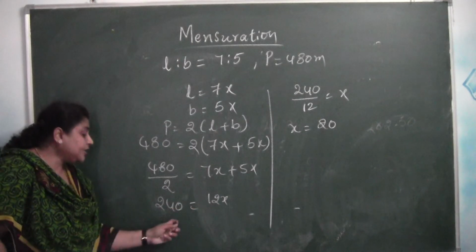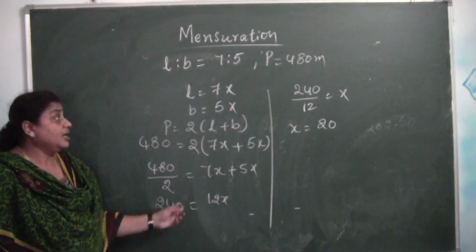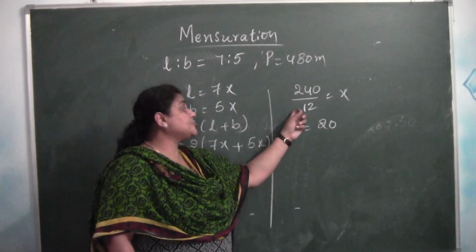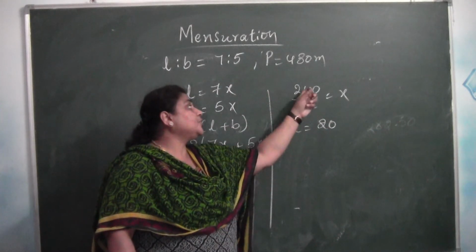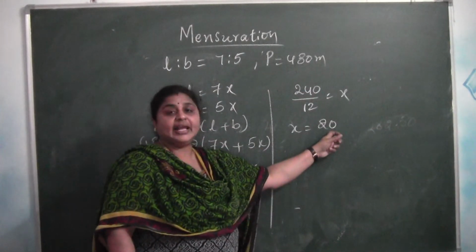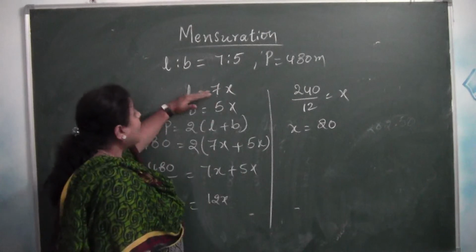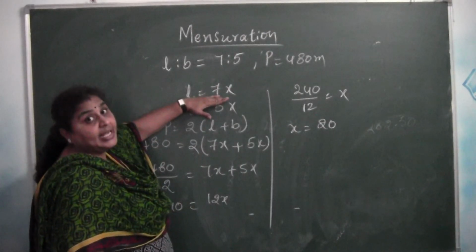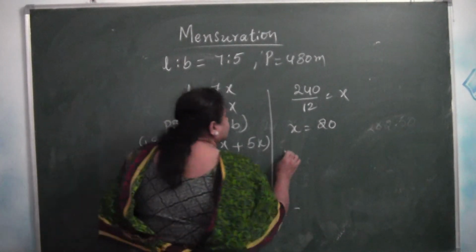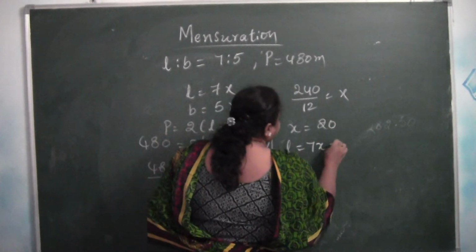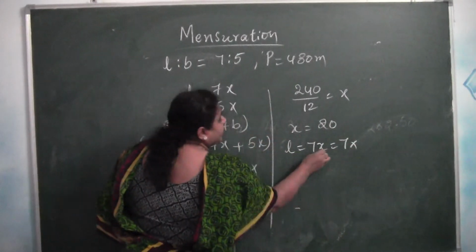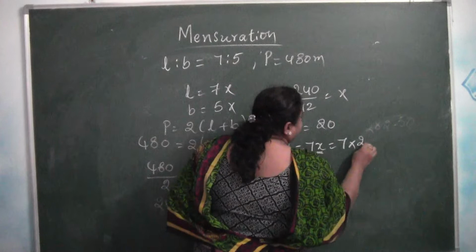So 12 coming to this side becomes division. Then 240 by 12, that is 12 2s are 24, 20. x is equal to 20. Now, what we have assumed length to be 7x. So L is equal to 7 into the value of x, children? 20.